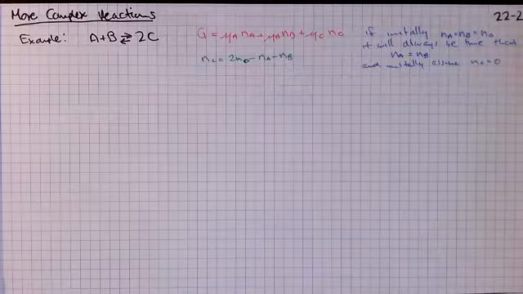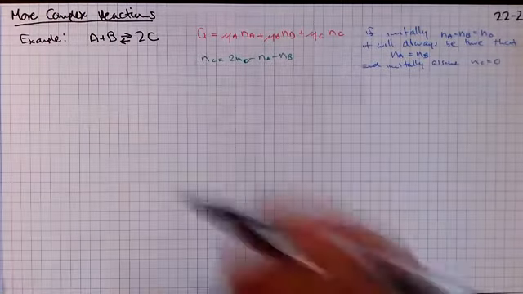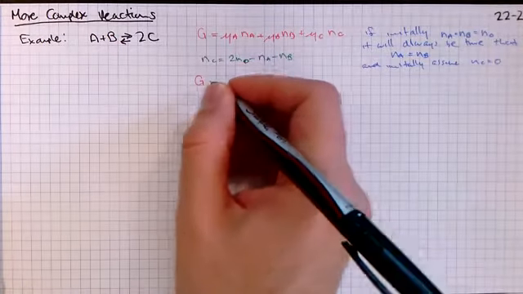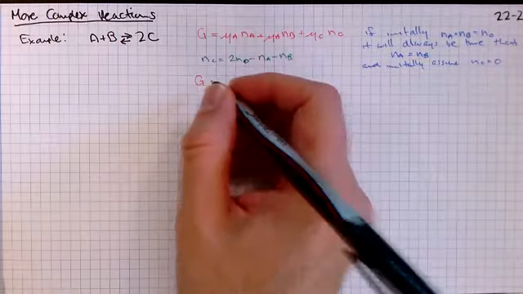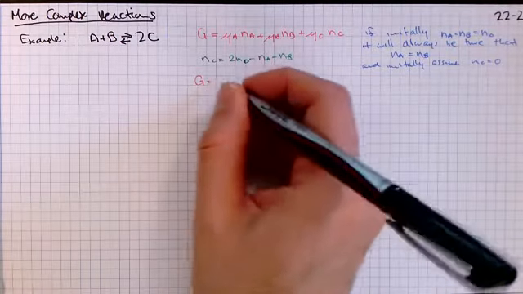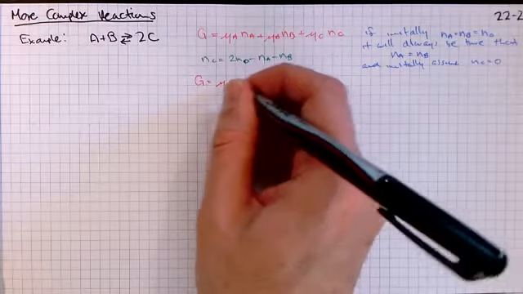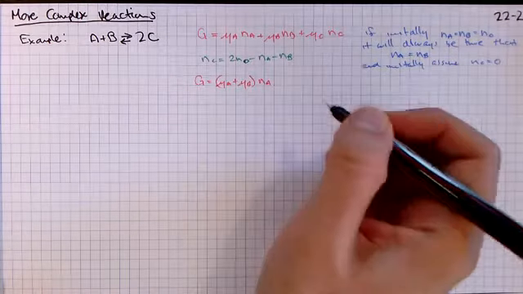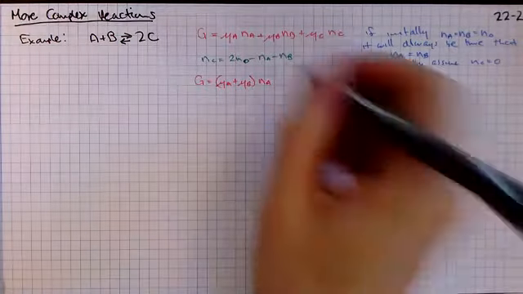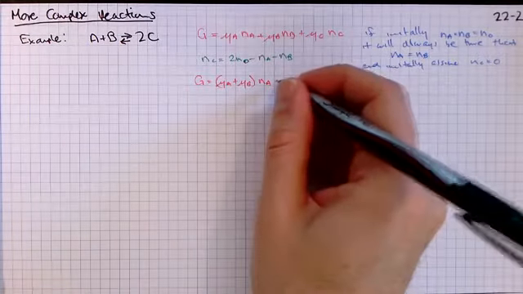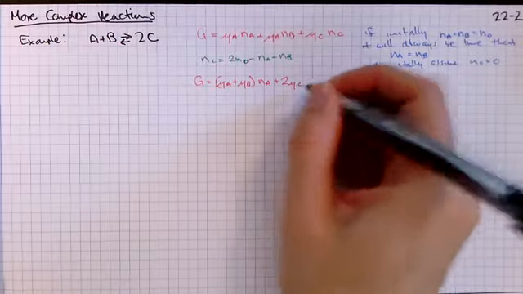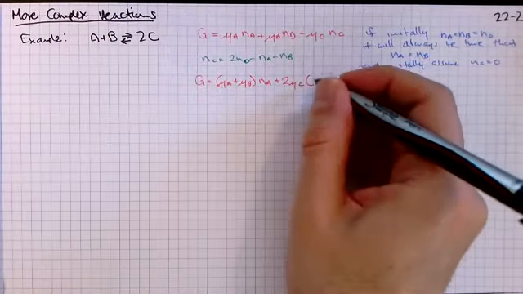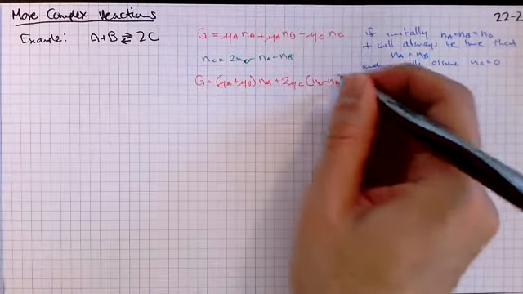Now that gives us a sort of simplified version of G we can write down just in terms of NA, right? So we can write that down as mu A plus mu B times NA, since they'll both have the same number of moles, plus 2 mu C times N0 minus NA, right?